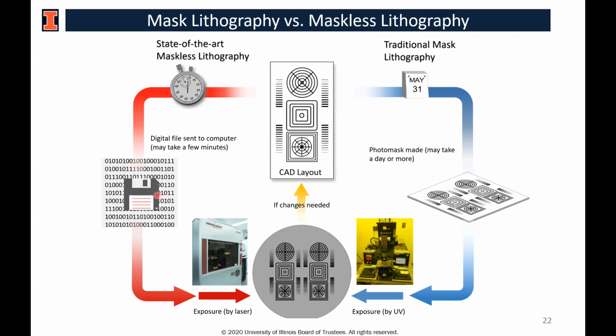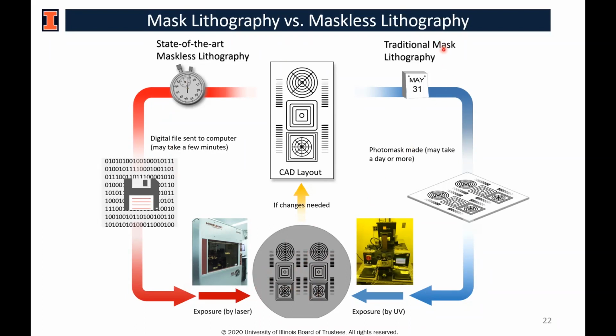The data is then converted into information or a language that the Heidelberg can understand and generate. This enables the system to actually write on a sample or a whole wafer or a piece of a wafer. Now, the beauty of this is the speed.